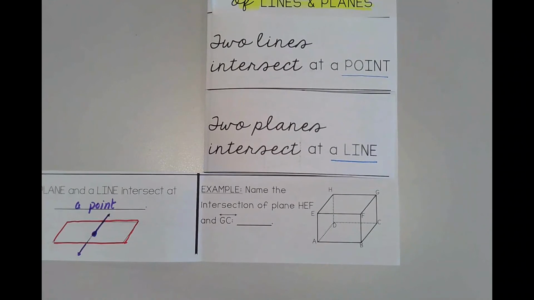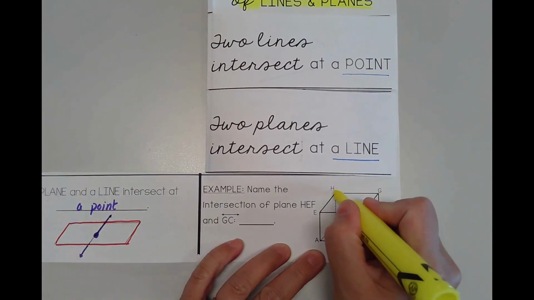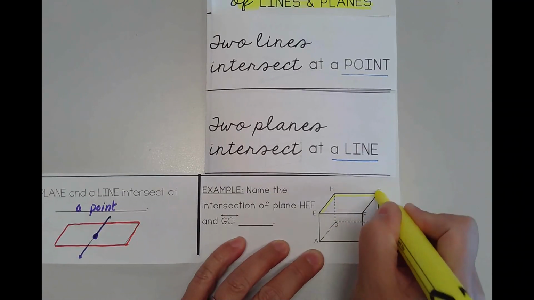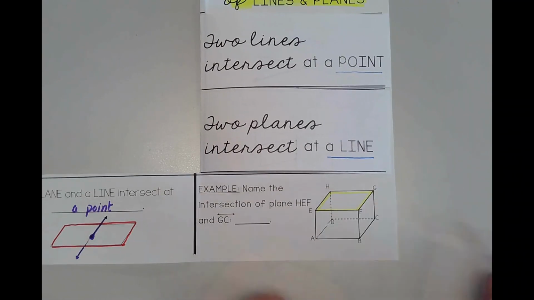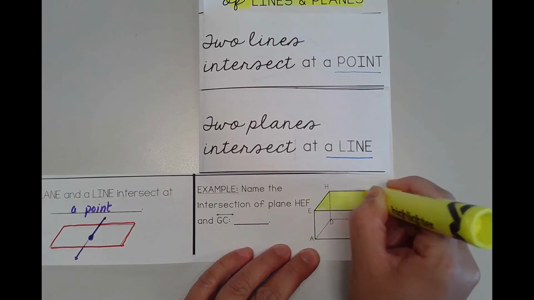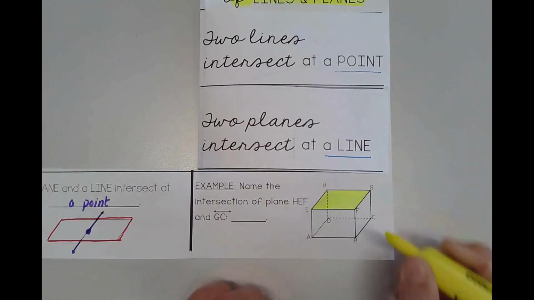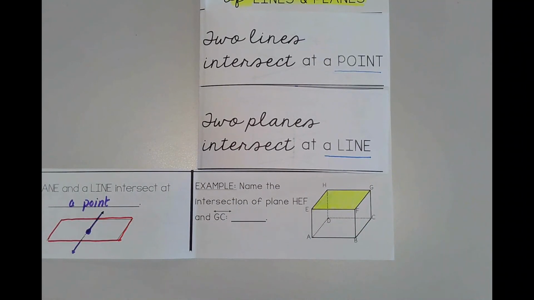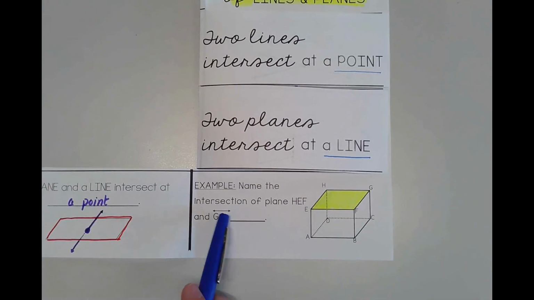So here's our example. Name the intersection of plane HEF. So plane HEF is this plane up here. So it's like the top of the box. And then line, notice how I said line, because it's got the line symbol above it, line GC.